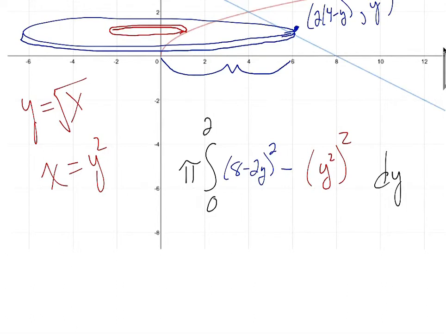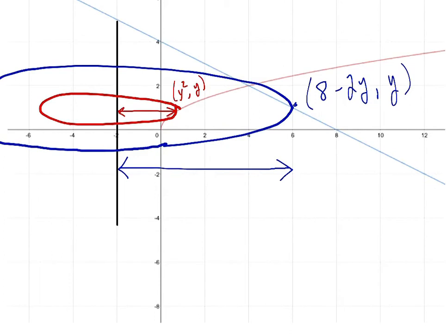The third example, so let me clean up my graph here and we'll get to the third example. In the third iteration of this problem, we have the axis that we're rotating around at the line x equals negative 2, which is this black line that I've drawn here.